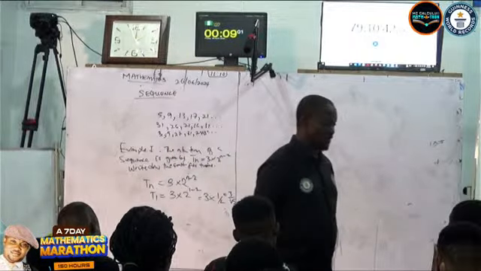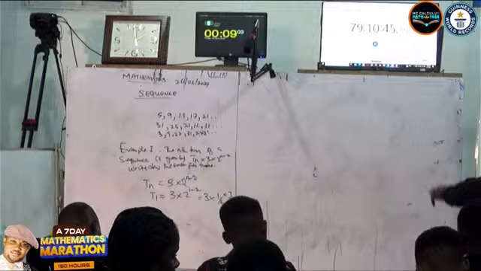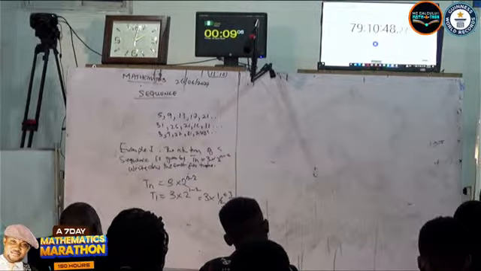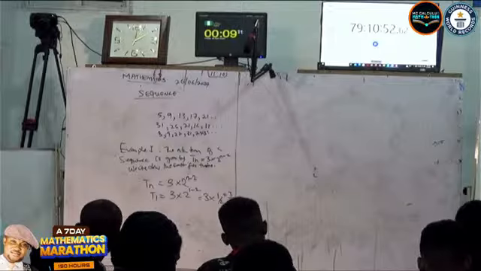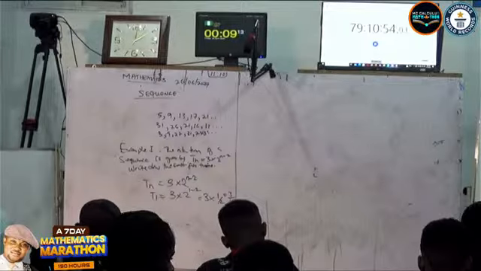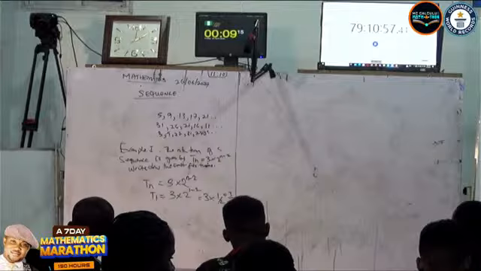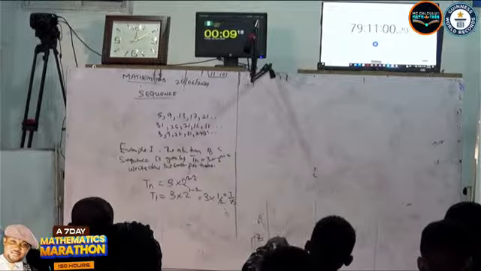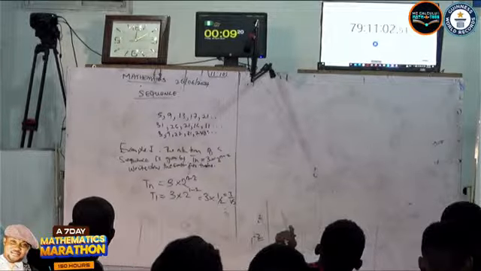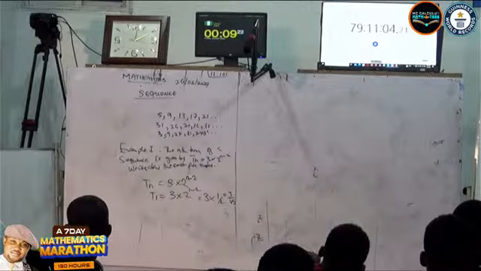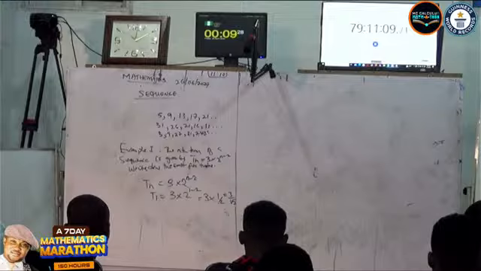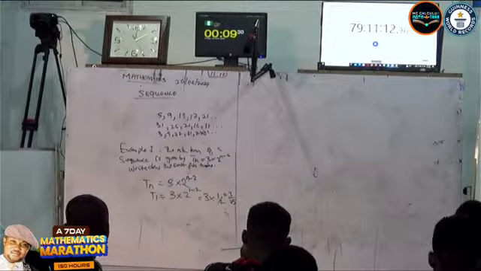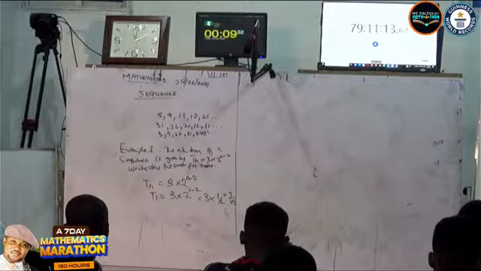Are you seeing what I'm doing there? They give you a formula. Write down the first 5 terms. T1, T2, T3: in place of n, whatever I see I put 1. For T2, you put 2, just like that.